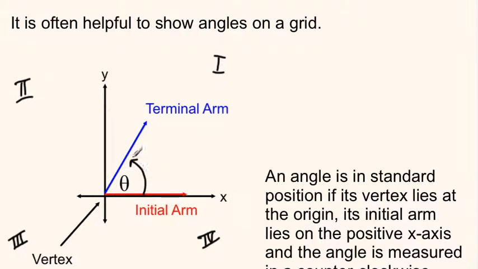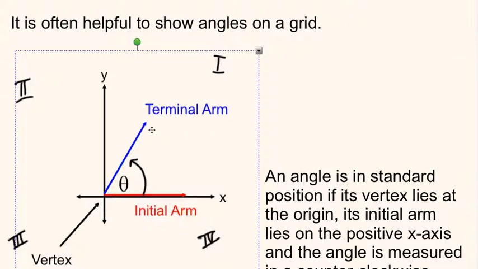Imagine this terminal arm can swing around. Grab this end and swing it up to 90, which makes an angle of 90 degrees between the initial arm and the terminal arm. But then imagine swinging that blue line past the y-axis, and that creates an angle bigger than 90 degrees.